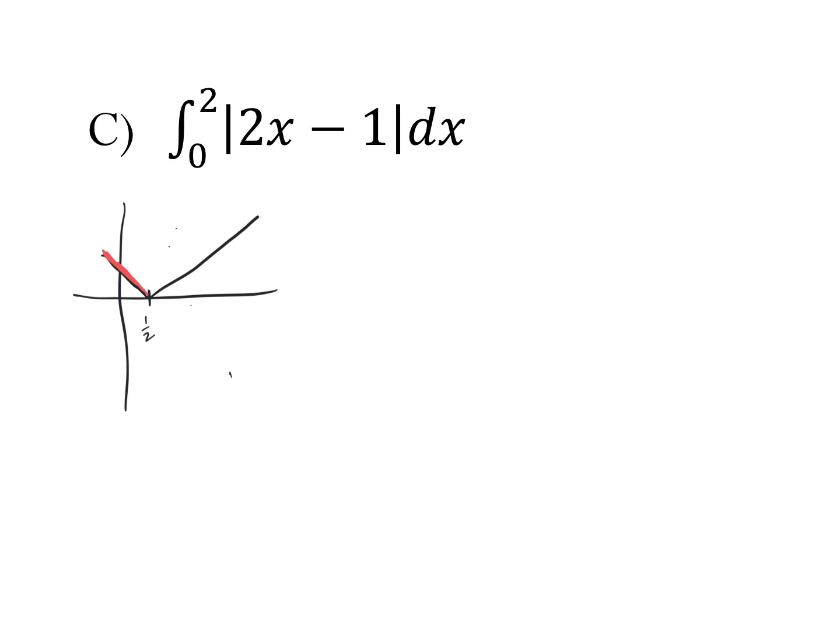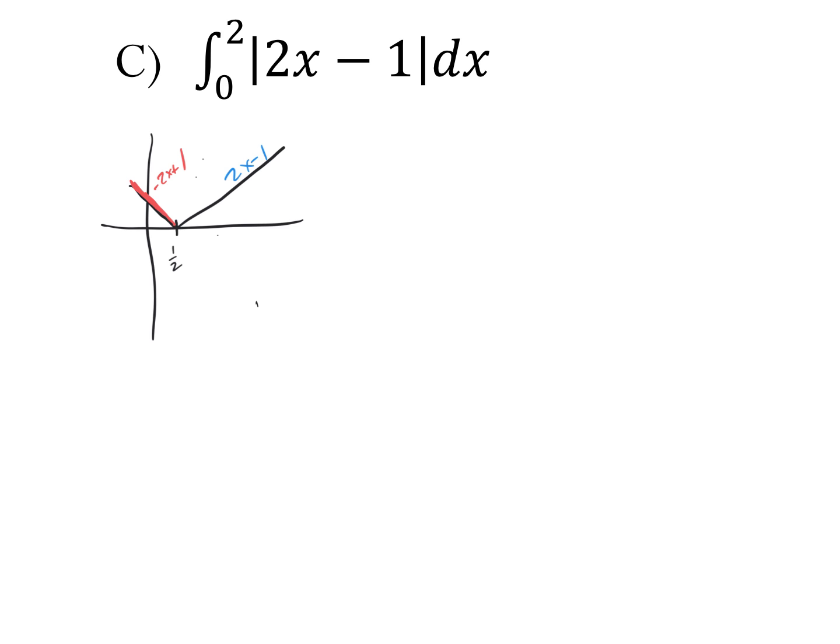I'm going to call it negative 2x plus 1, same idea, where it's the negative of what's inside the absolute value, and then over here we have 2x minus 1. So to do this particular one, we're going to have 2 integrals. From 0 to 1/2, we'll do negative 2x plus 1 dx.